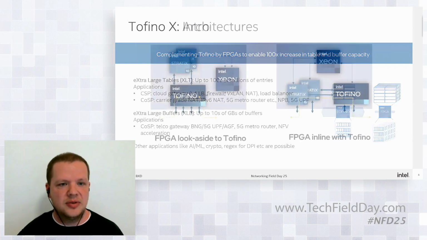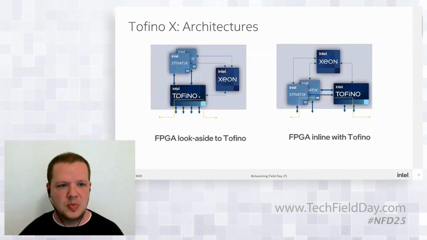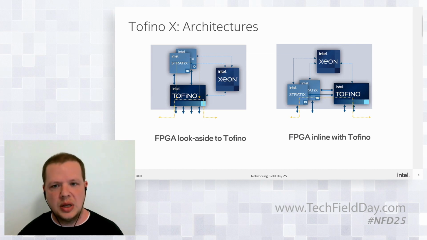Now, there are different ways to build these systems. We are looking at two different architectures. Starting from the left, we've got Tofino providing all the front panel connectivity, having the FPGA as a look-aside function that can be selectively invoked when the program in the Tofino decides so.